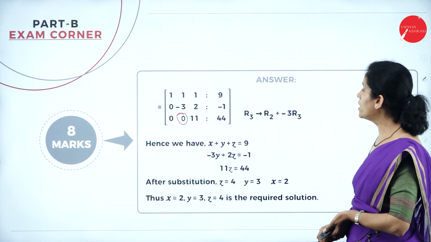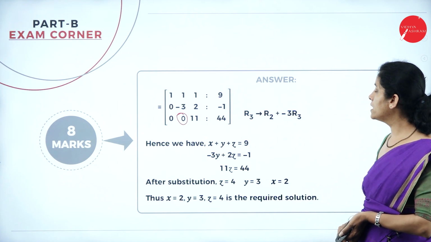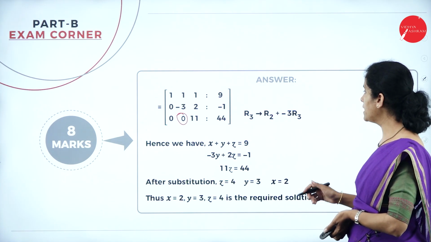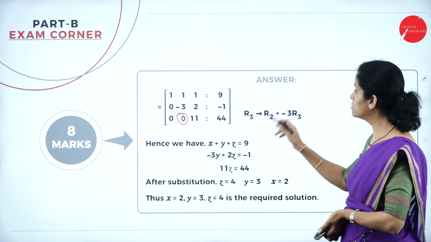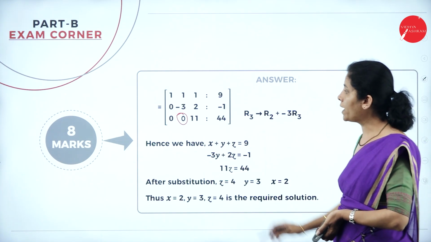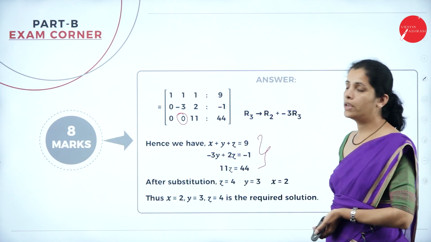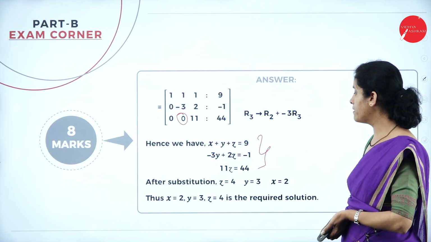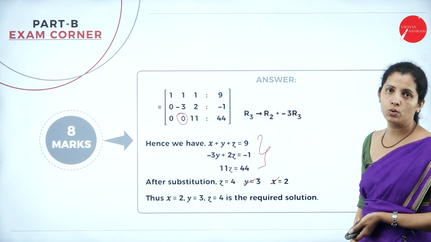Okay, so what I am doing, R3 equal to R2 minus 3R3. Okay, minus, so it is R2 is minus, plus into minus, so this will get cancelled. So I'm getting the answer 0. Now whatever the matrix I have, I'm going to represent that in the form of system of equation, and I'm going to find z, x and y value. So x equal to 2, y equal to 3 and z equal to 4.